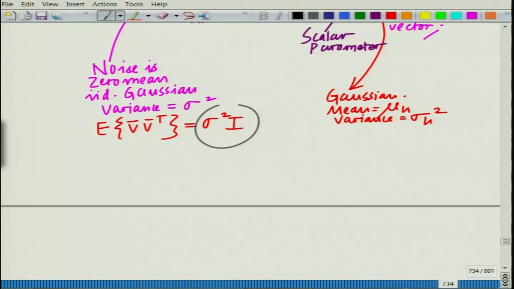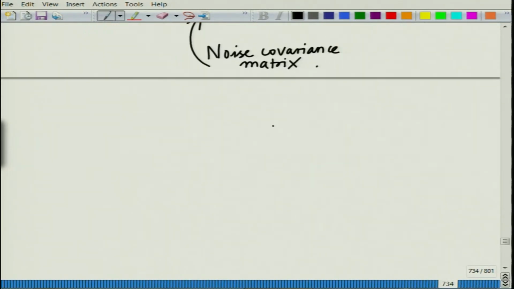All the diagonal terms, the variance, are sigma square. So this is the noise covariance matrix, and we already talked about the parameter.